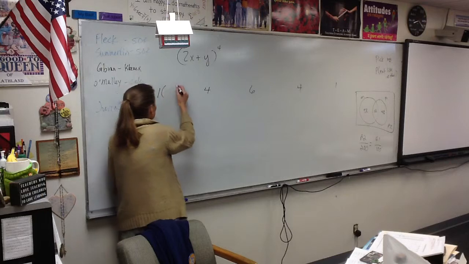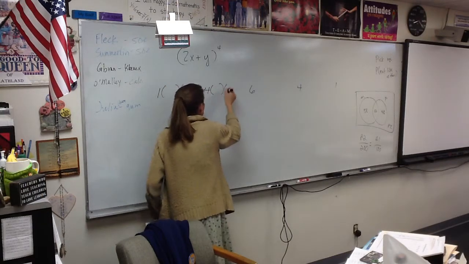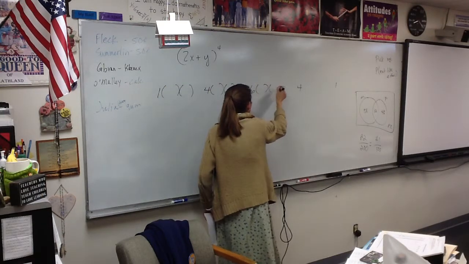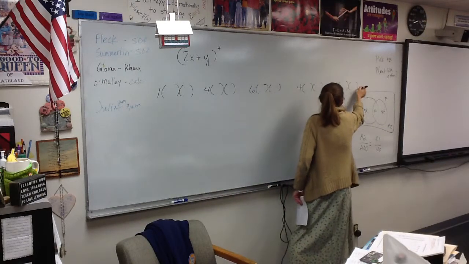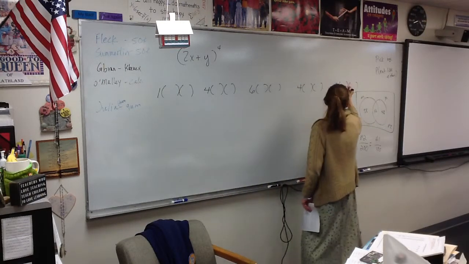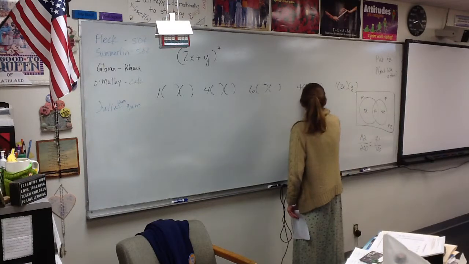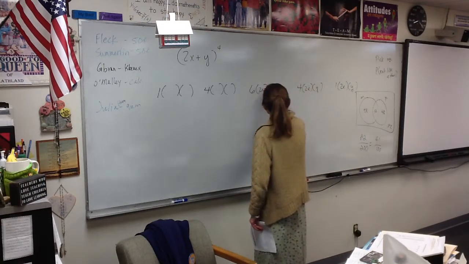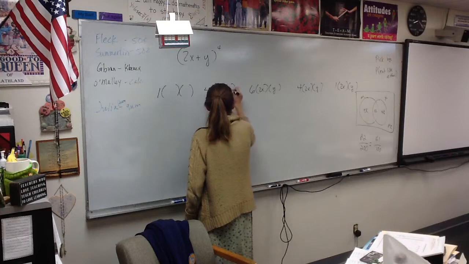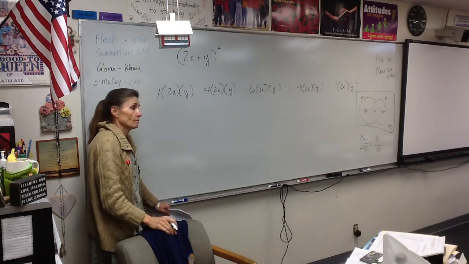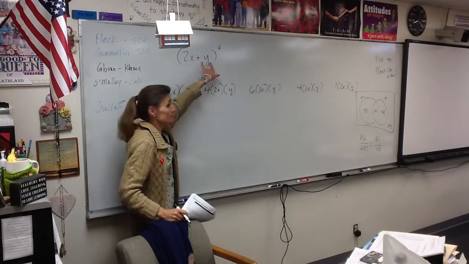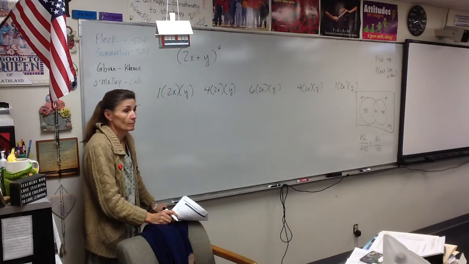I'm going to go through, and next to each one of these numbers, I'm going to have 2 parentheses. And in those 2 parentheses are going to be a 2x and a y, because those are the two pieces of the problem, right? Now what?